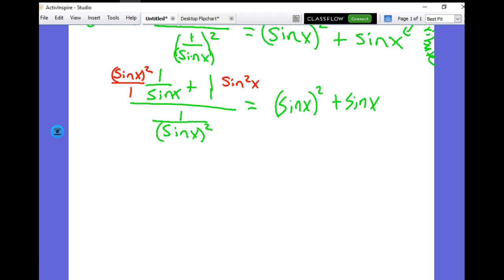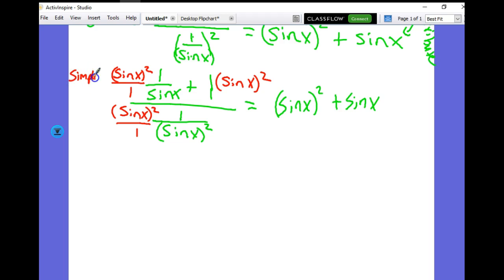Oops, I'm being inconsistent here. I could write this one as over 1 if you want to, but since 1's not a fraction, I'm just going to leave it as sine squared. Okay, so this is the strategy here.